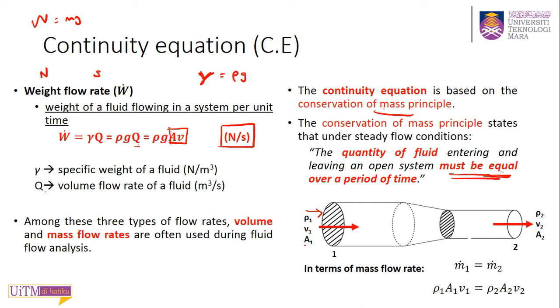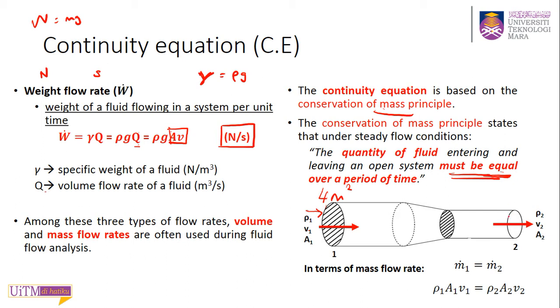Whatever area here must be equal to the area there. Equal to does not mean that it is the same value, so don't get confused with equal to. For example, if the area here is 4 meter square, it does not mean that the area there is also 4 meter square.